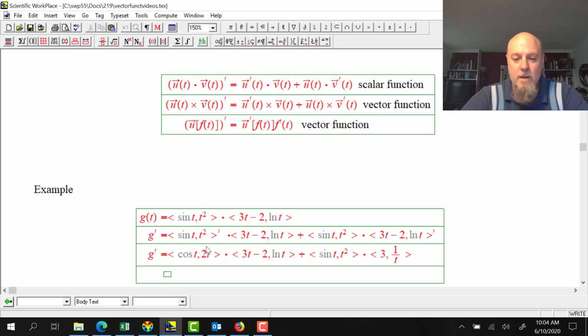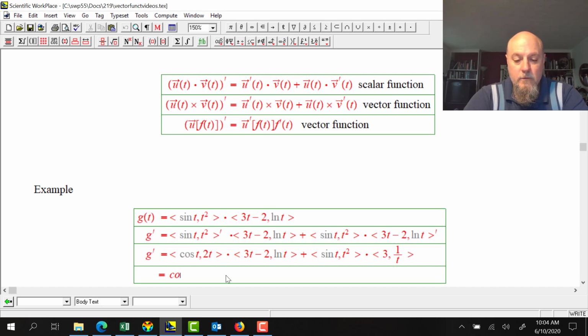Now I've got to clean it up. Dot product. So first times first plus second times second.